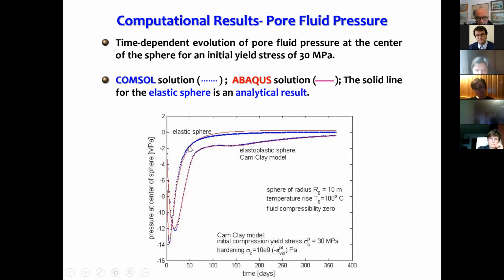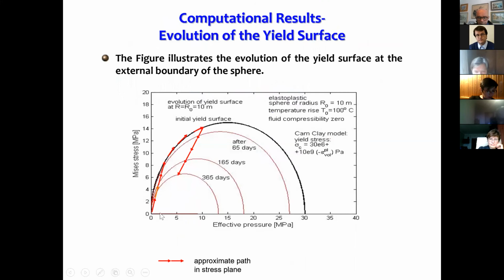And the elastic sphere solution is this. They are pretty similar in terms of the response as well. So you can see that when you heat the material up, you can go on a certain path, and then when you cool it, it can go down a different path as well.